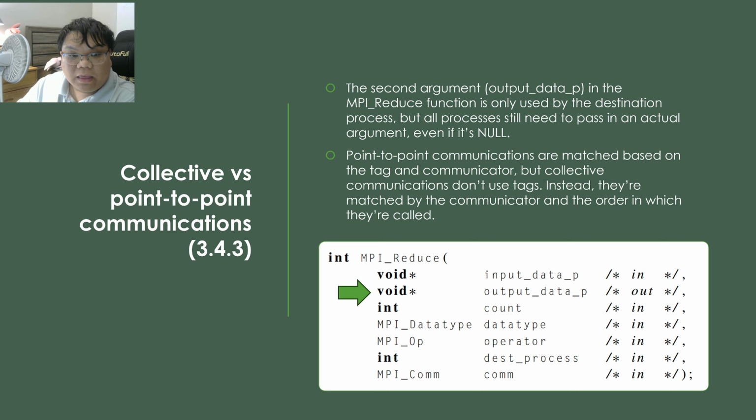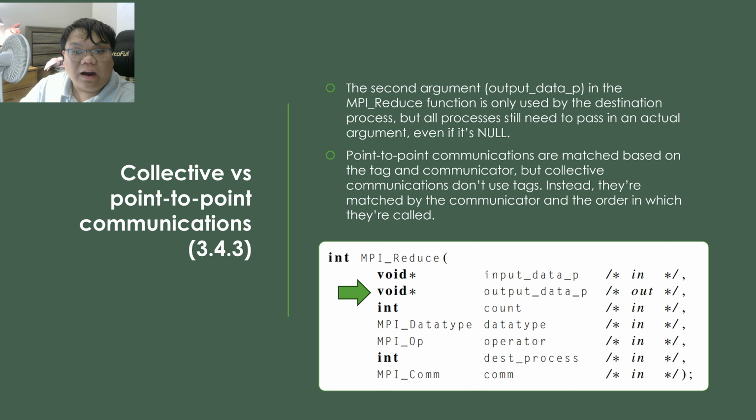So if we have that example of 100 processes, process 0 calls reduce, but so do processes 1 through 99. Only process 0 has to pass in something for the second argument. All other processes still have to pass in something, even if it's null.